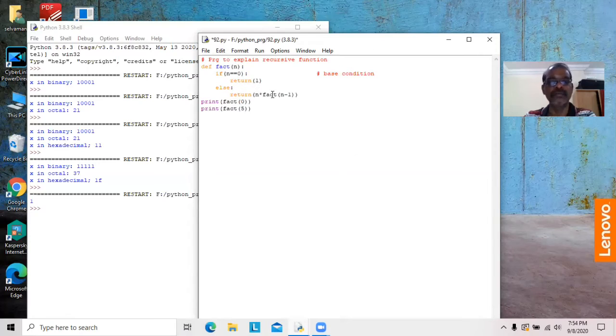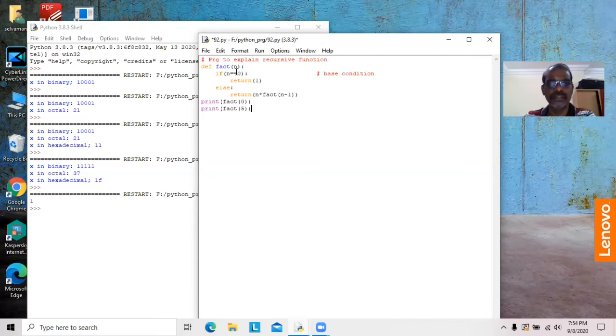Here return n multiplied by fact of n minus 1, that is 5 minus 1, fact of 4. This fact of 4 again calls the same function. Recursive function calls itself. Here n is 5 multiplied by fact of 4.